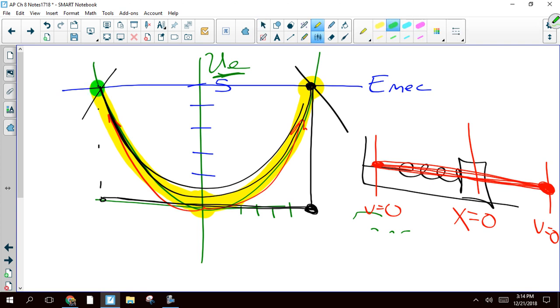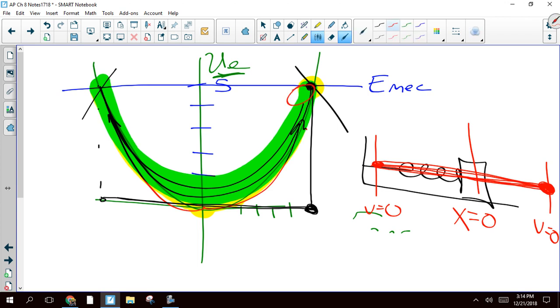You've got all this potential energy, and it's going to pull it back this way, right? So it just oscillates back and forth, just as though this was a marble in a bowl rolling down and up, back and forth, okay?